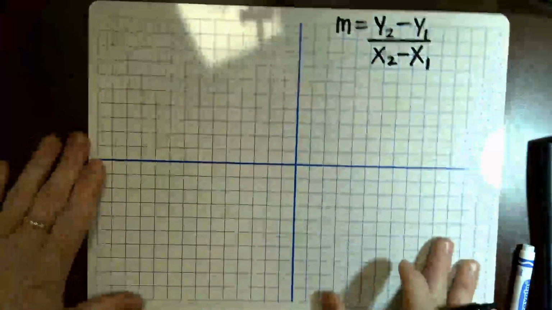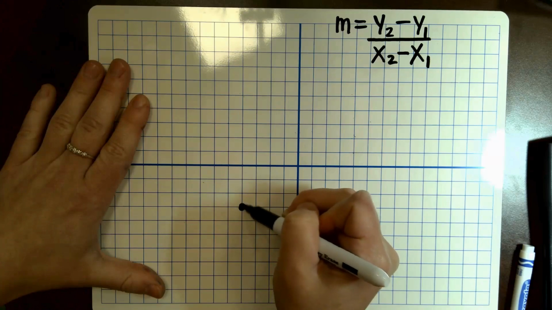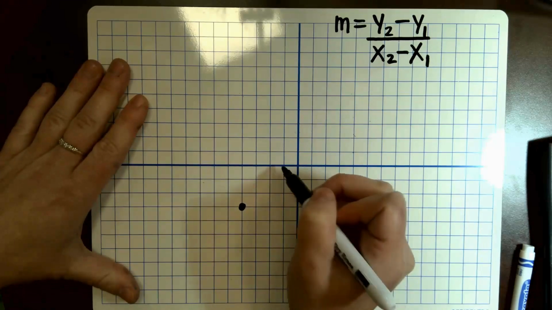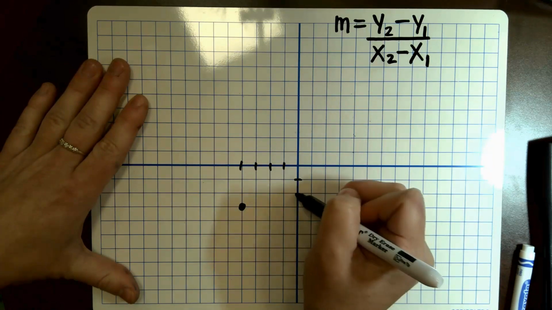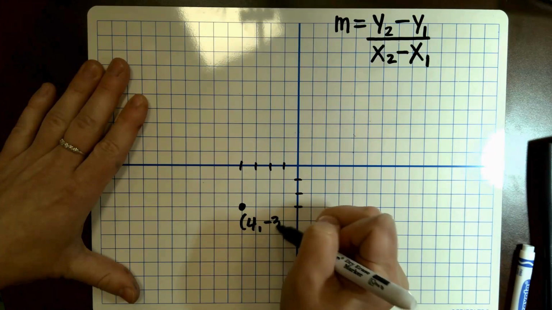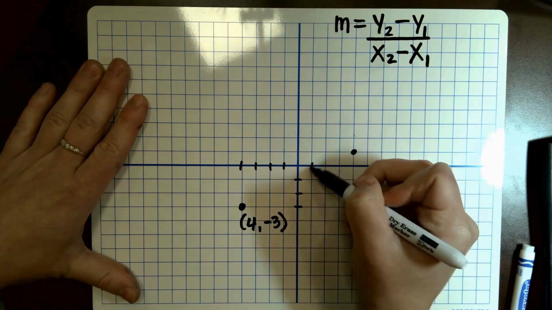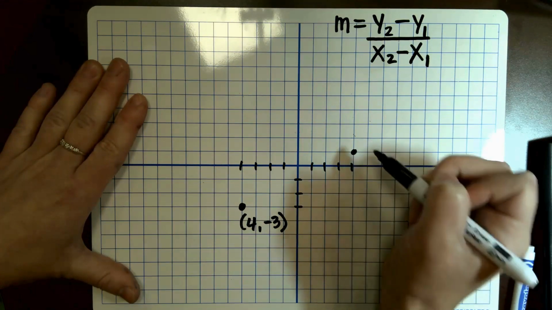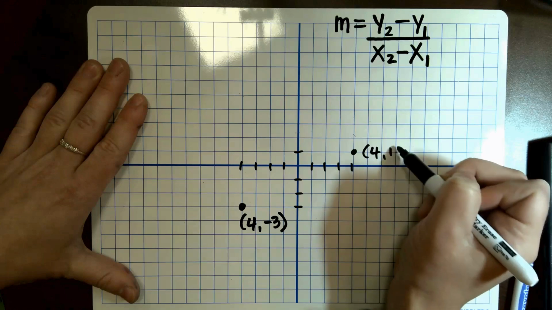So, the first line I'm going to give you, my first point is at 1, 2, 3, 4. 1, 2, 3. So I'm at 4, -3. And 1, 2, 3, 4, up 1, and 4, 1.